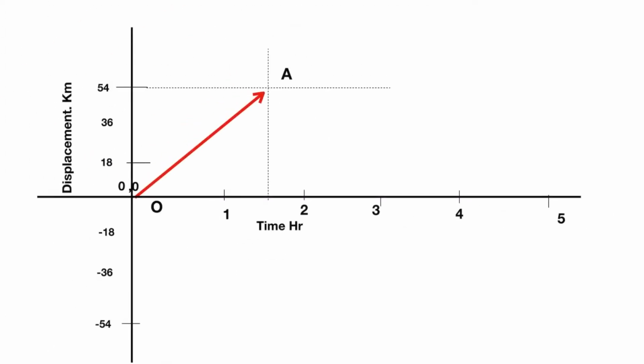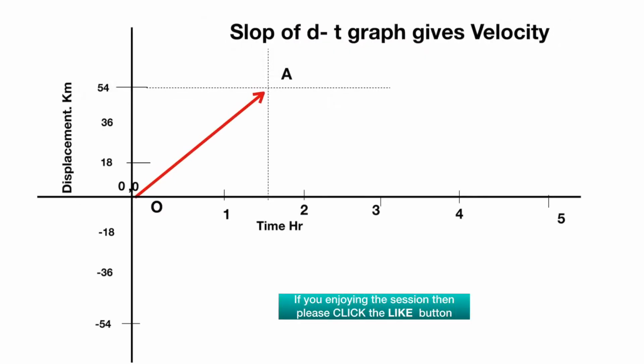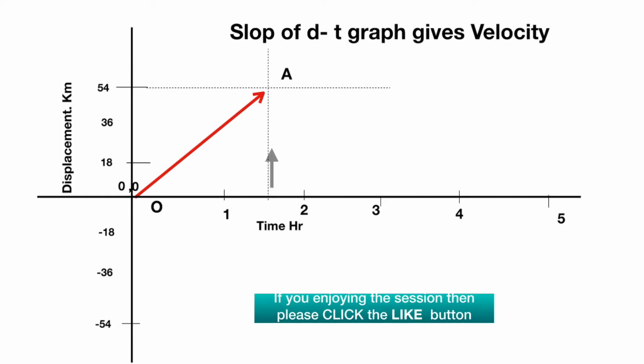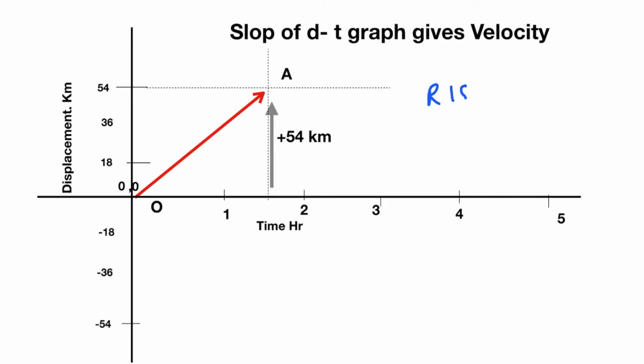The slope of a displacement time graph gives you the velocity. Slope of a line is nothing but rise upon run. What is rise? Rise is basically how much displacement you have done in your positive x direction. So on this graph it will be the positive y direction. So here rise is plus 54 km.